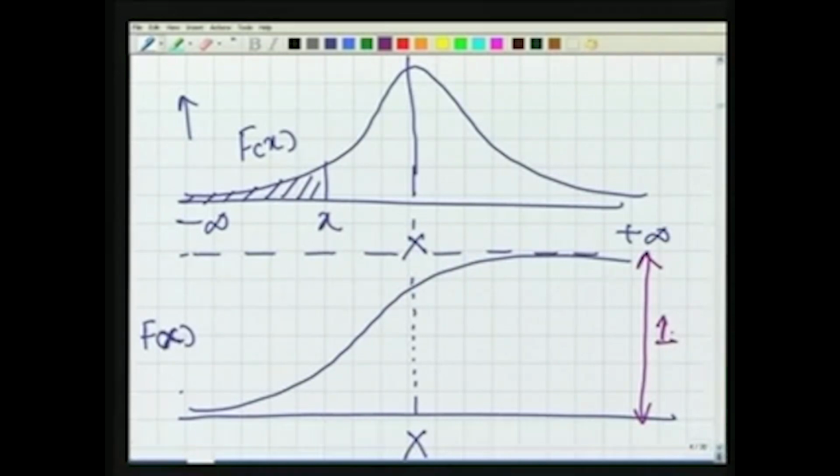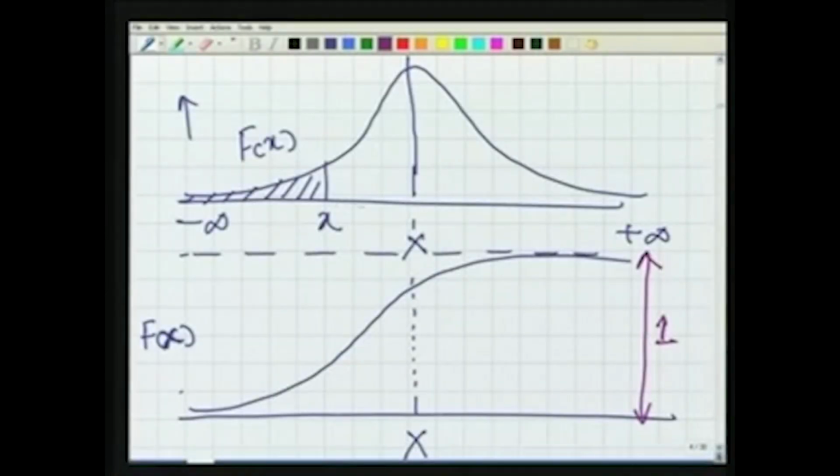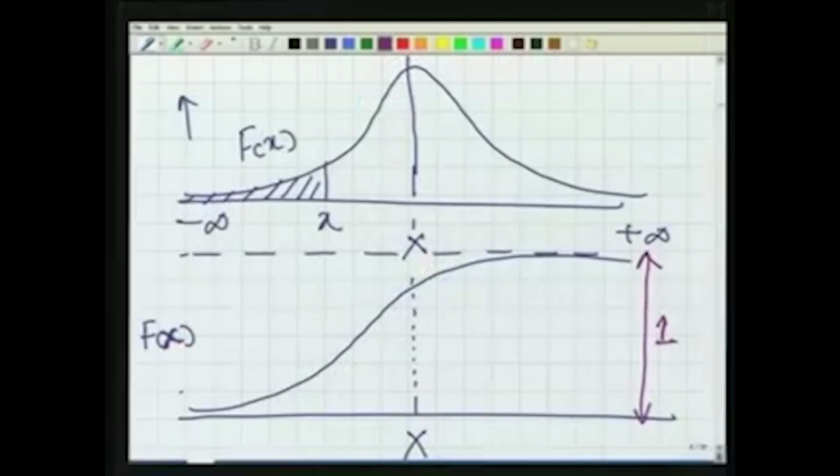Because the probability of occurrence of all the values, starting from minus infinity to plus infinity, all of them, will occur. The probability is 1. So, the cumulative probability will be 1, while at this place, this particular value is F(x) at a small x, and this value will be 1 minus F(x).